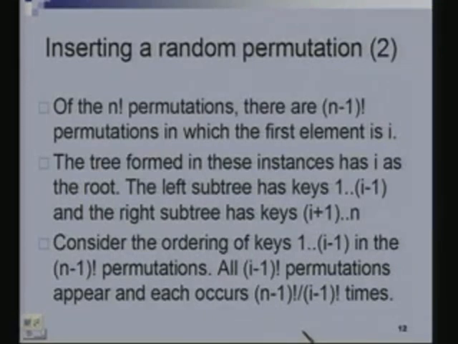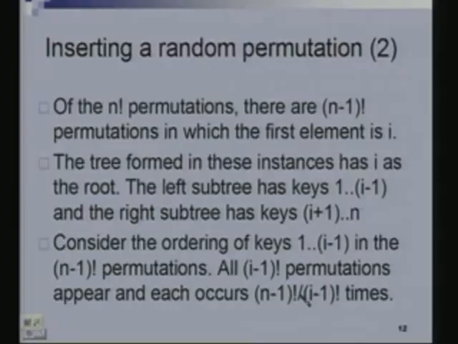You can also think of it in a slightly different manner. You have these I minus 1 elements somewhere, and the other n minus I elements are getting inserted at different places here. So, how many different permutations are there of those n minus I elements that are getting inserted? You can compute that and it will be exactly this quantity, but this is a simpler argument.